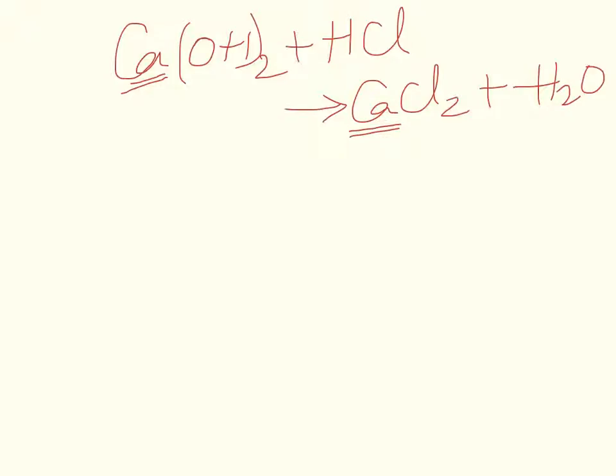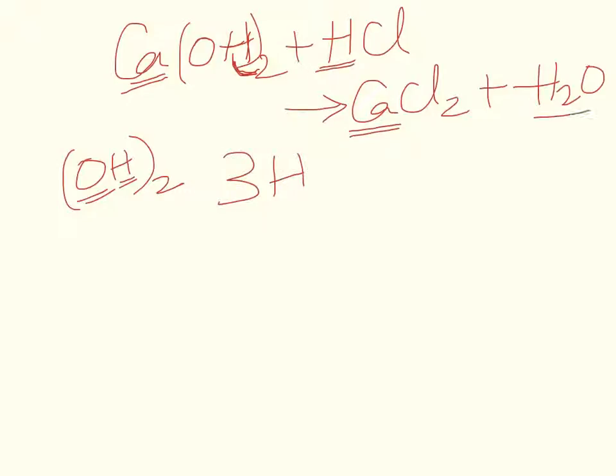They both are balanced, which is good. Calcium hydroxide is written like this, so that means there are two oxygens and two hydrogens. So there are two hydrogens plus one hydrogen, totally three hydrogens on the reactant side and only two hydrogens on the product side. That means hydrogen is not balanced.